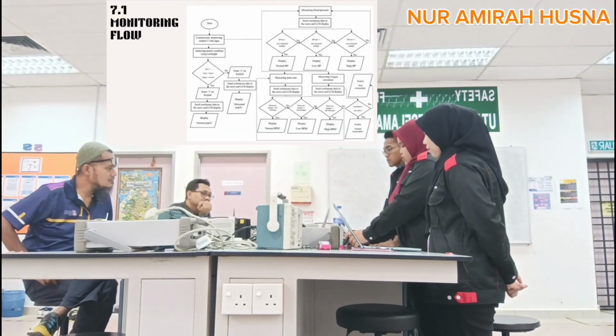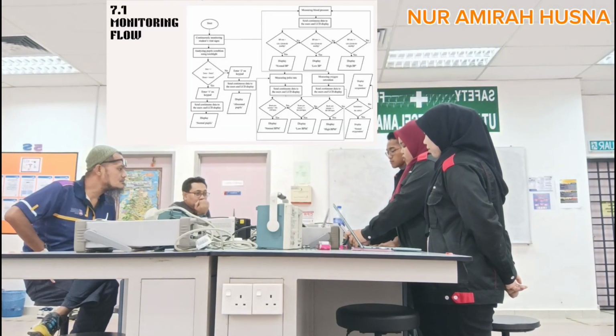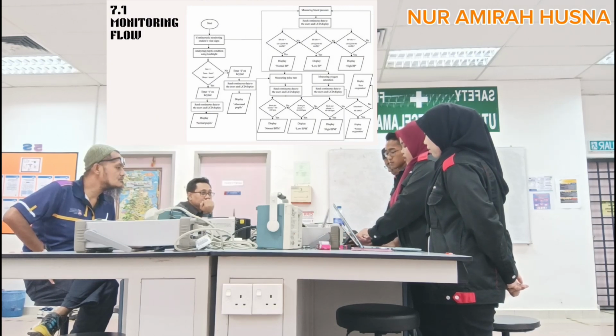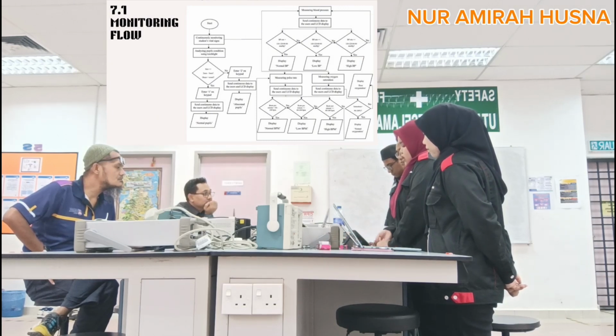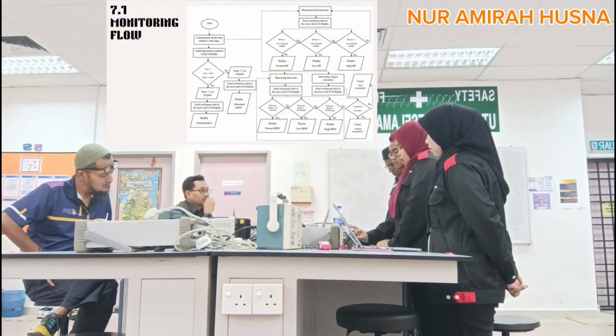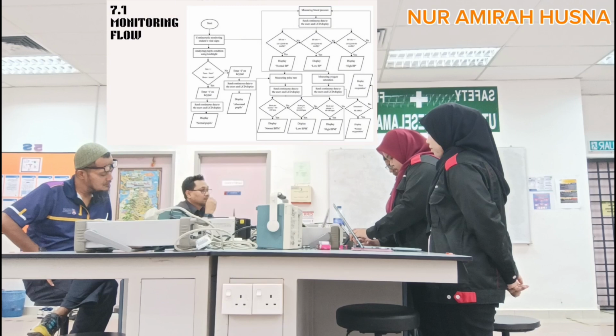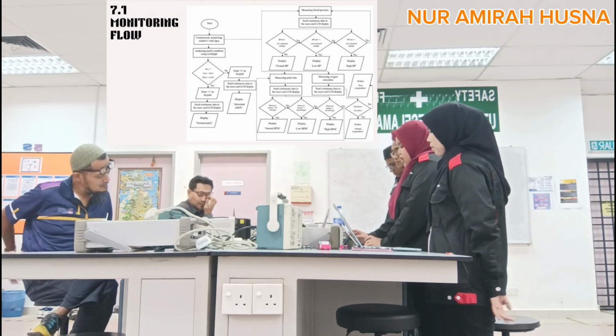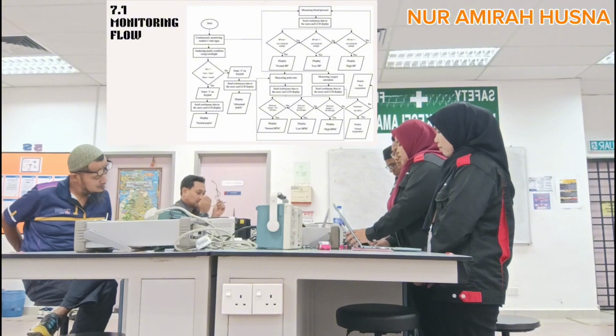Okay, next. This is the flow for monitoring vital signs. First, the monitoring device will continuously measure the vital signs of the students. There are four vital signs that we want to measure at the same time.